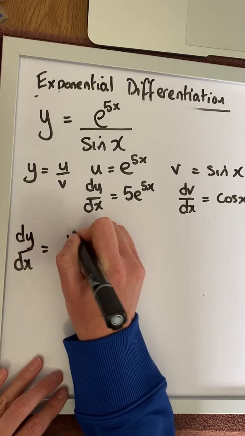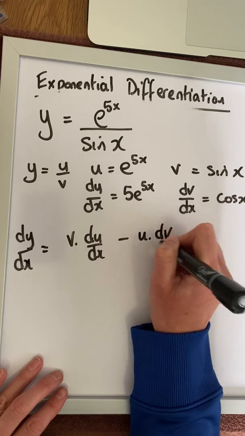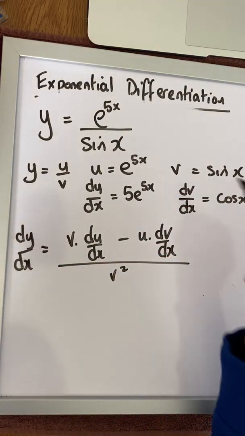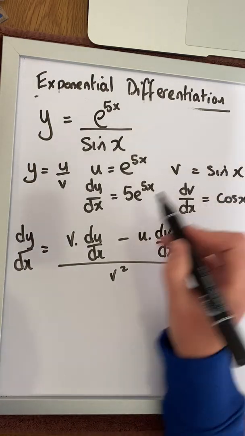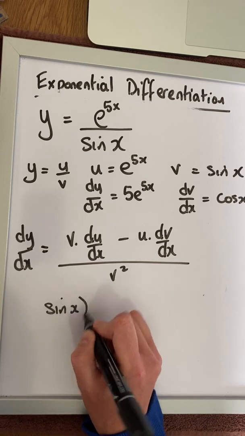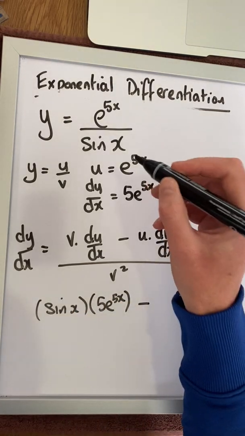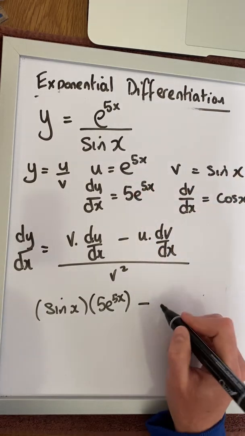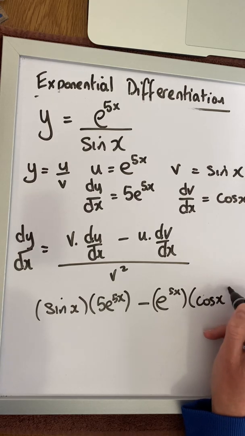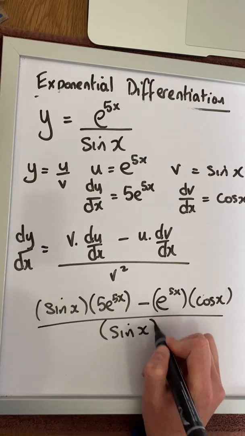dy dx is v multiplied by du dx minus u multiplied by dv dx, all over v squared. So filling it in, we have sine x multiplied by 5e to the power of 5x minus u by dv dx, so that's e to the power of 5x times cos x, all over sine x to be squared.